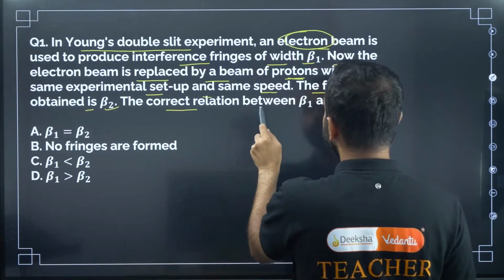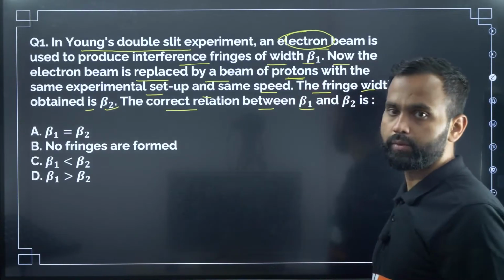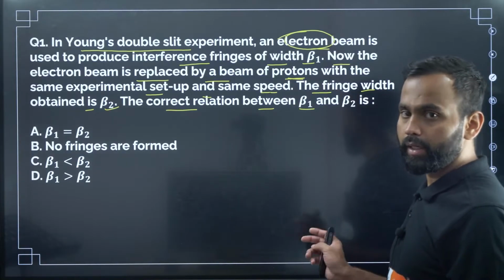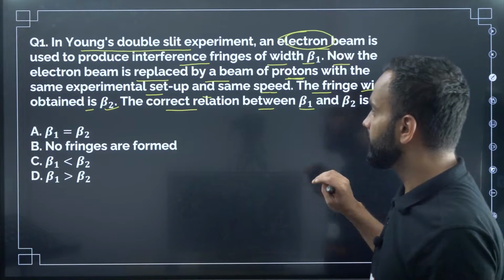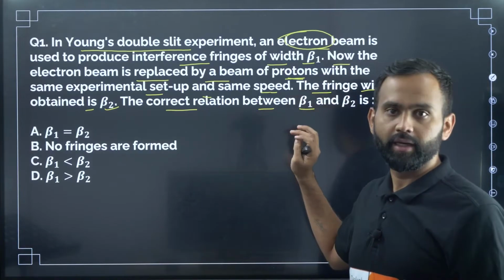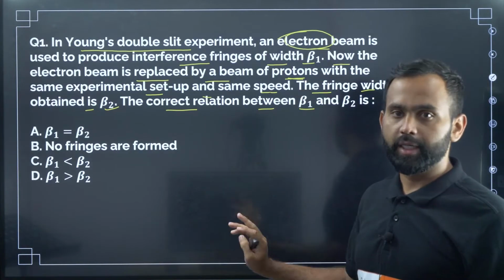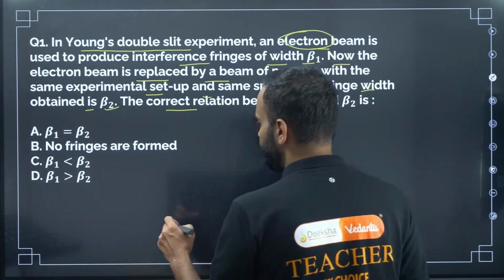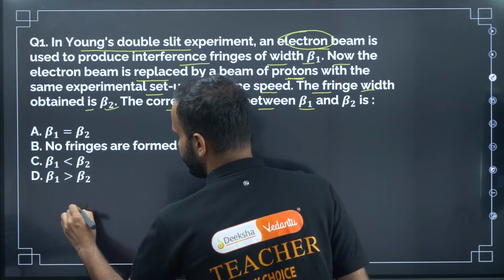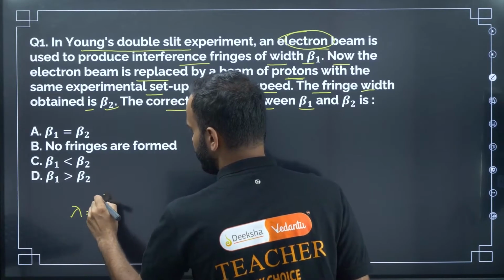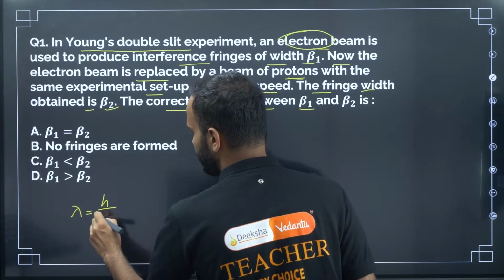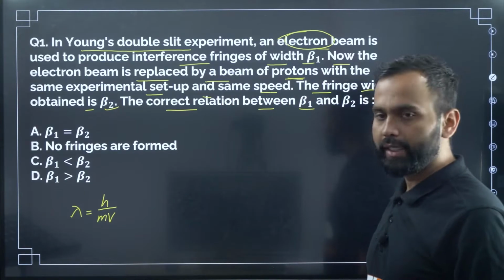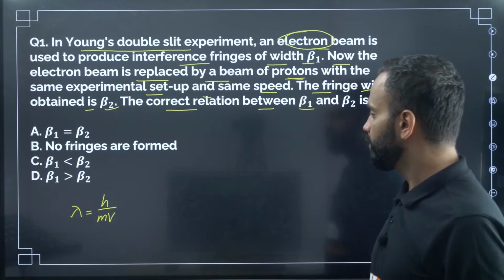The correct relation between beta 1 and beta 2 is... So this question came from YDSE, but here we have to apply de Broglie wavelength concept. We know that de Broglie wavelength lambda is equal to h divided by mv. mv is momentum of the particle, and lambda is wavelength of the particle.